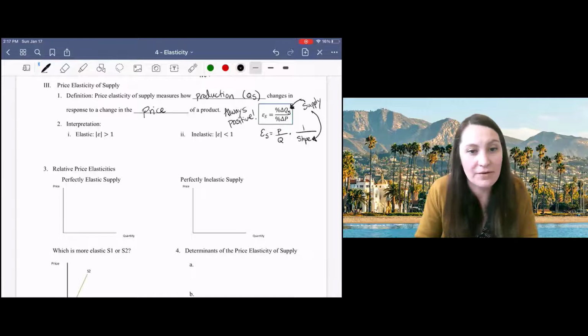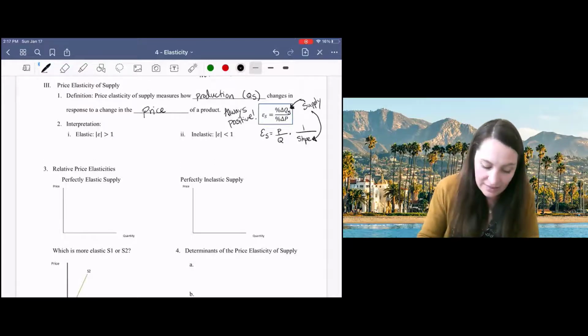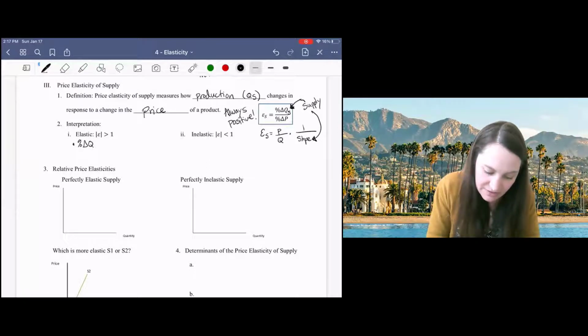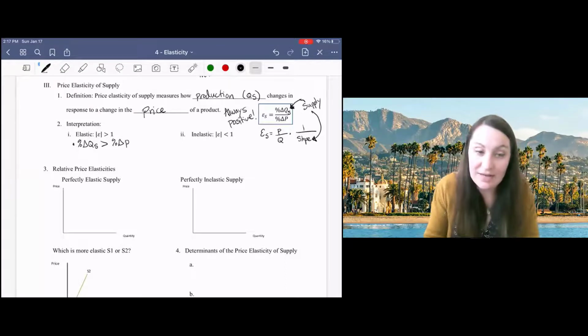We care about whether or not the numerator is bigger or smaller than the denominator. In other words, whether or not our fraction, our price elasticity, is bigger or smaller in magnitude than 1. When the elasticity is larger than 1, we say that supply is elastic, meaning that our numerator, our percent change in quantity, will be bigger than our percent change in price.